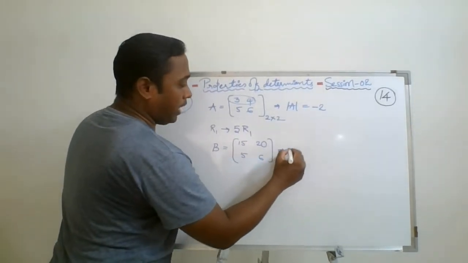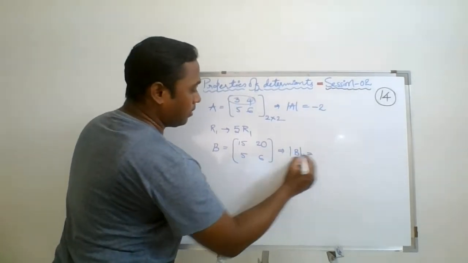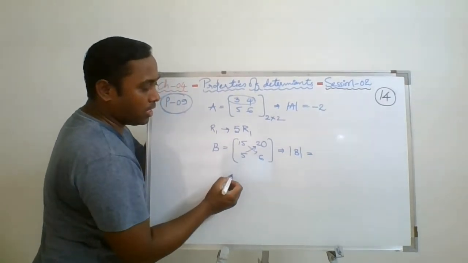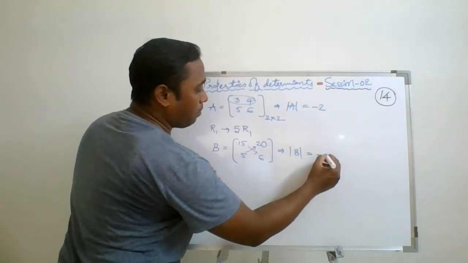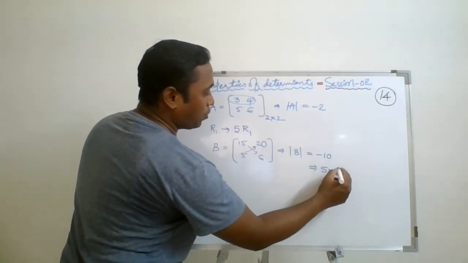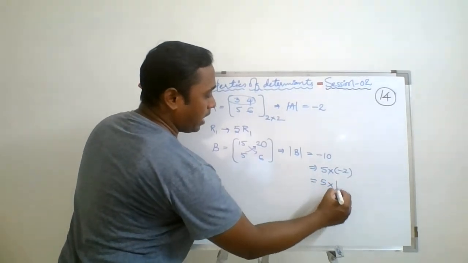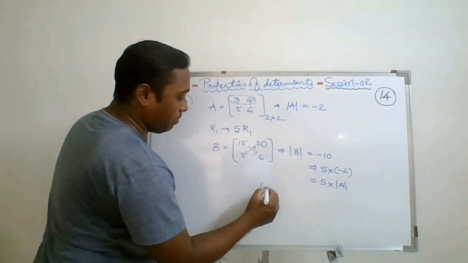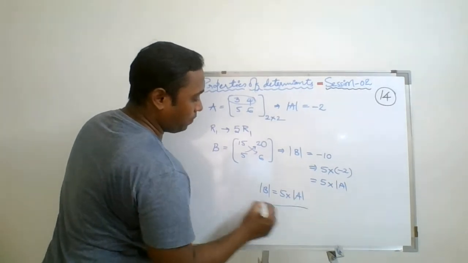If I calculate the determinant of the matrix so obtained: 15 times 6 is 90, 5 times 20 is 100, 90 minus 100 gives minus 10, which can be written as 5 times minus 2, which is 5 times det A. Therefore, determinant of B is just 5 times determinant of A.